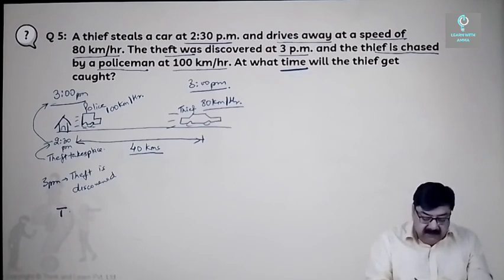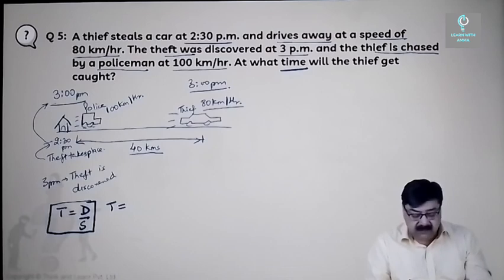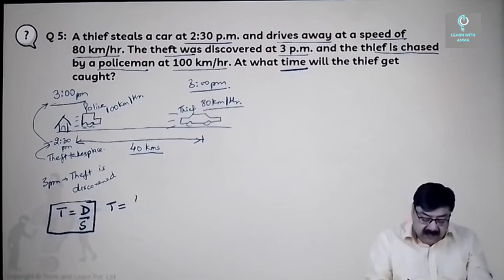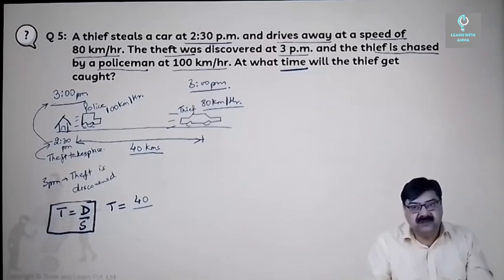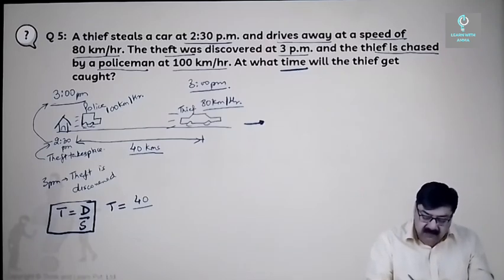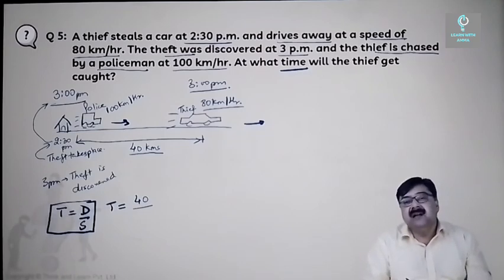So we know time is distance by speed. So time taken for the thief to get caught by the policeman shall be distance by speed. Now the speed here, when both the bodies are moving in the same direction, the concept of relative speed will come into play.